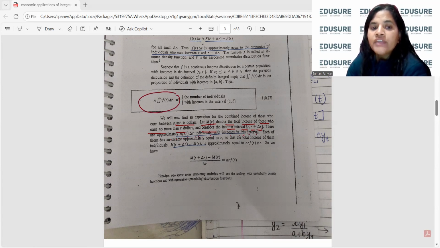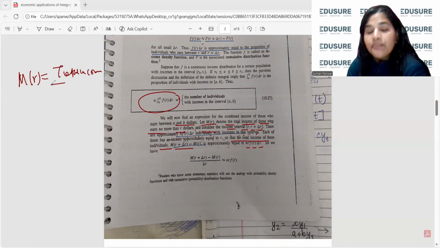Each of them has an income approximately equal to r. So the total income of those individuals is approximately equal to r N f(r)Δr. Again, M(r) denotes the total income of all the people who are earning no more than r dollars.